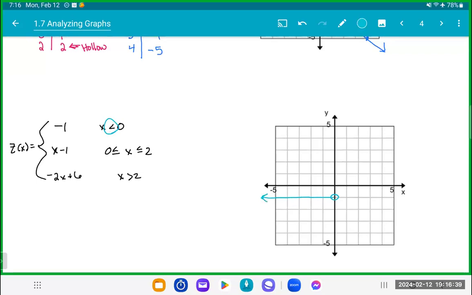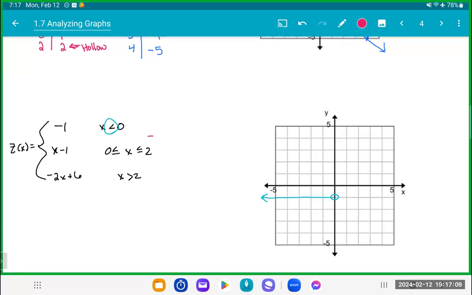Because of the inequality, it's saying for all x values less than 0, my y is just -1. There's no x component to it. Okay? And then let's look at the next one.